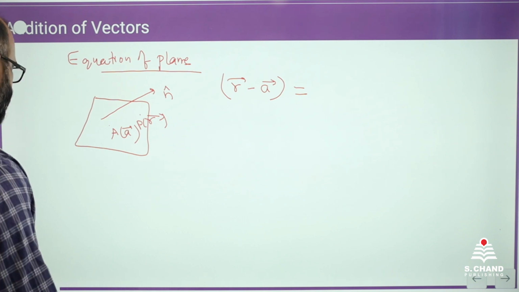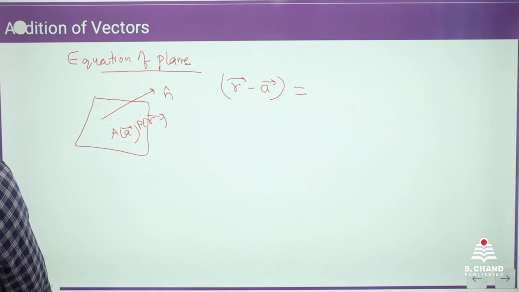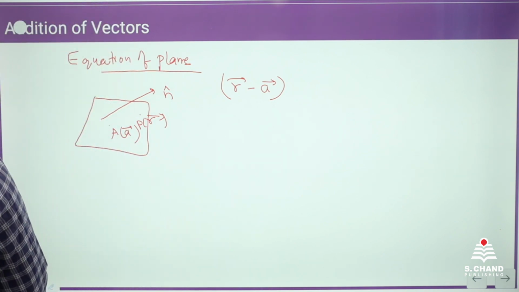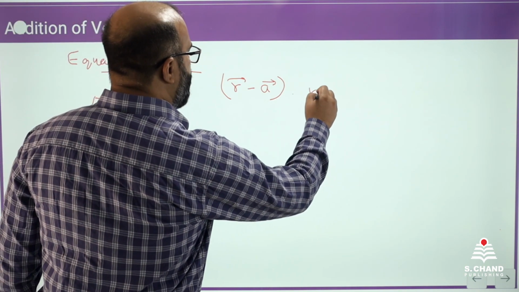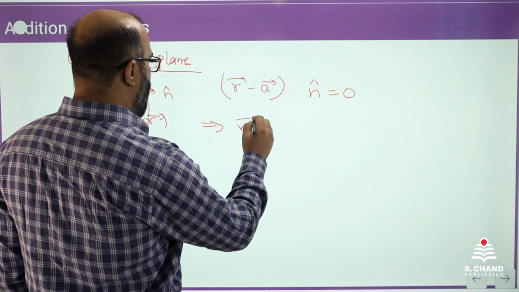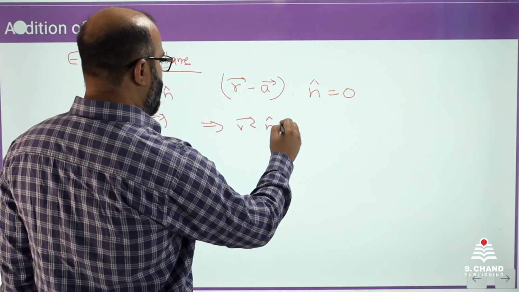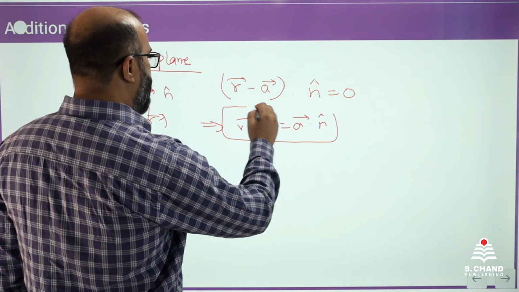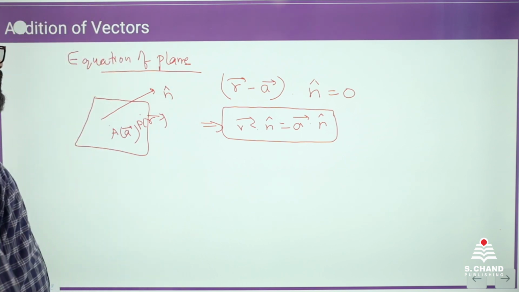So when you take the dot product of R minus A with n, you get 0 because the angle is 90°. So R dot n is equal to A dot n. This is the equation of the plane in this form.